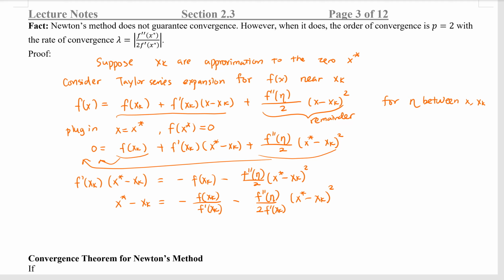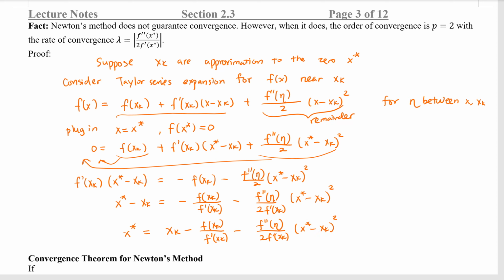Okay, now I can add xk on both sides, and this is what we get. So far so good, everybody?